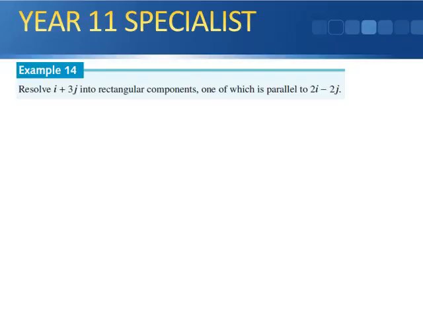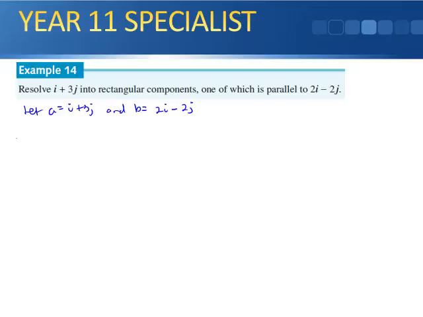Example 14. Resolve i plus 3j into rectangular components, one of which is parallel to 2i minus 2j. Okay, so we'll say let A equal i plus 3j, and B equals 2i minus 2j.